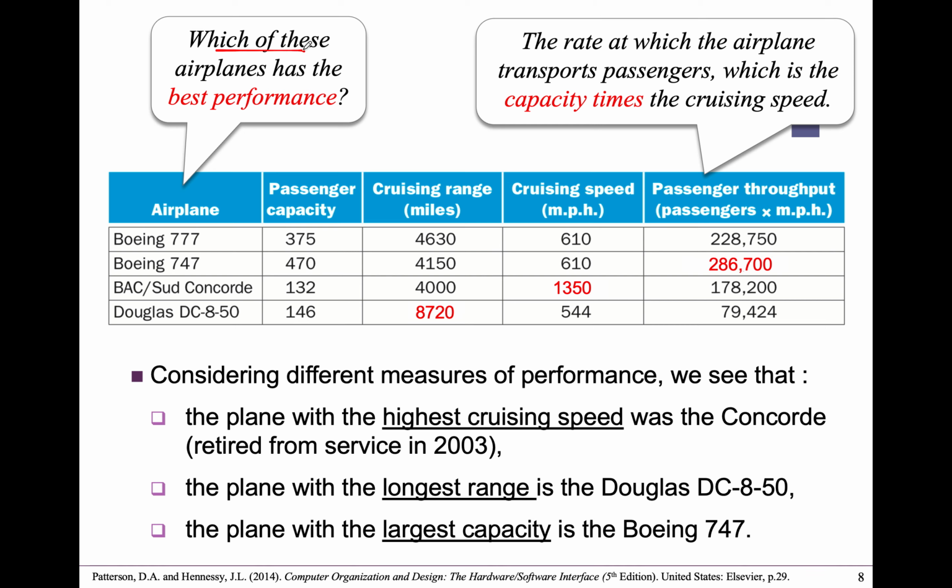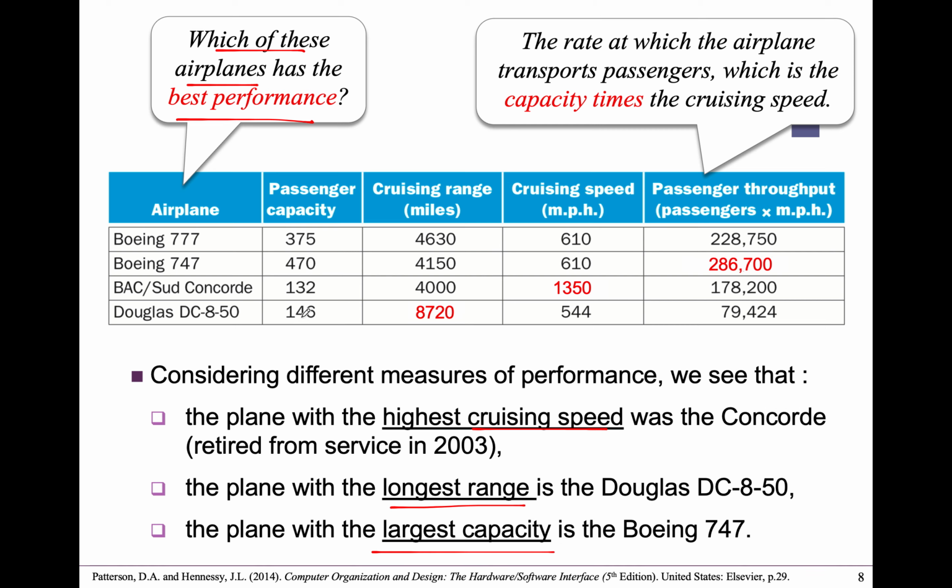Which of these airplanes has the best performance? How are you going to justify it? Whether you check the highest cruising speed, or maybe the longest range, or maybe the largest capacity?